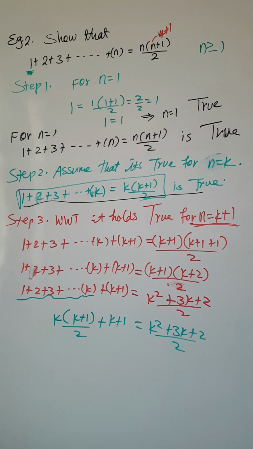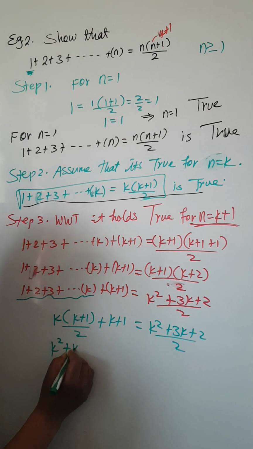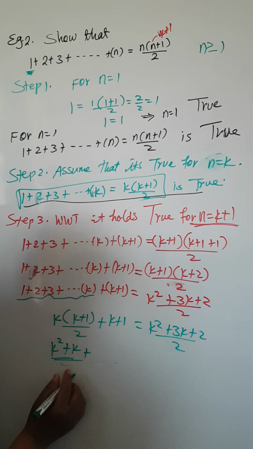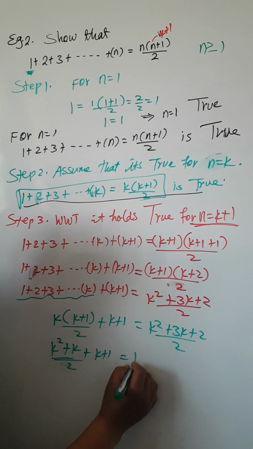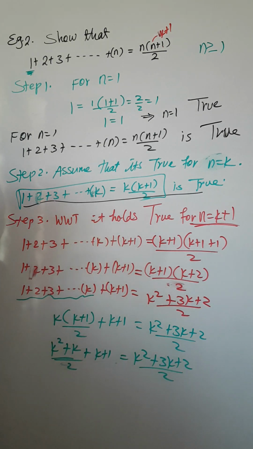Let's see what's coming. Now this is k squared plus k over 2, plus k plus 1, is equal to k squared plus 3k plus 2 over 2.